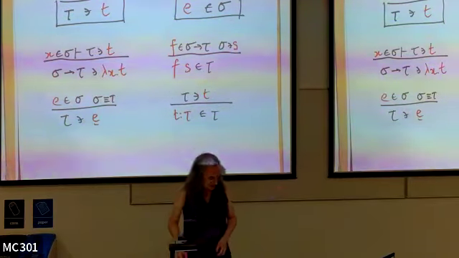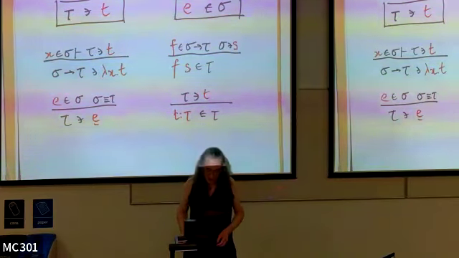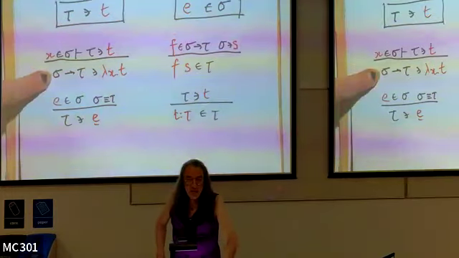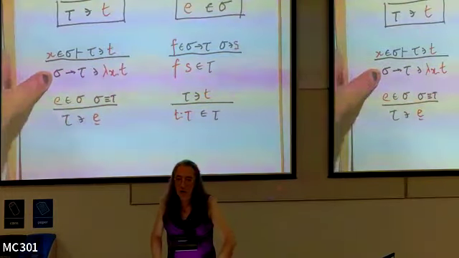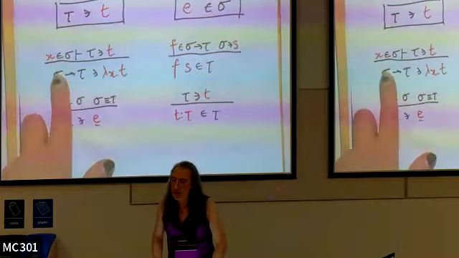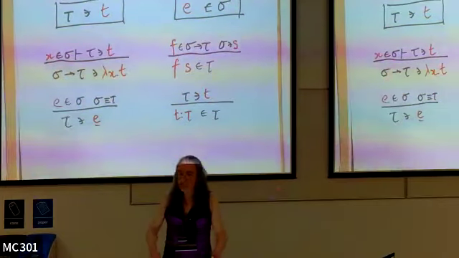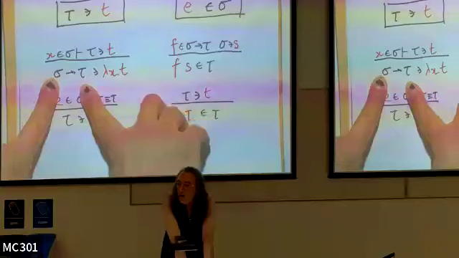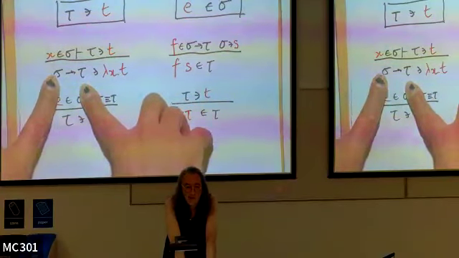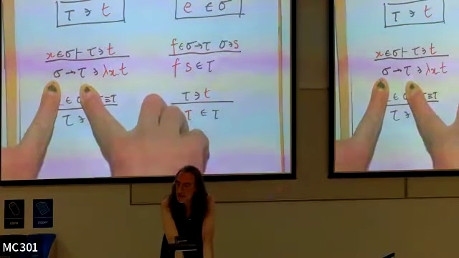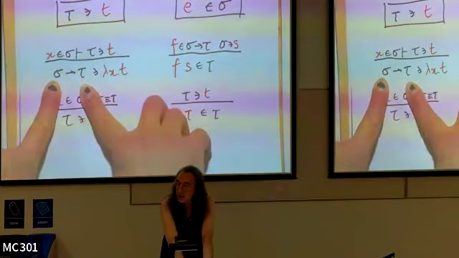Because here's the deal. In the conclusion of a rule, I write patterns in input positions. I'm the receiver of this type, and I'm pattern matching on it to see that it is a function type, sigma arrow tau.